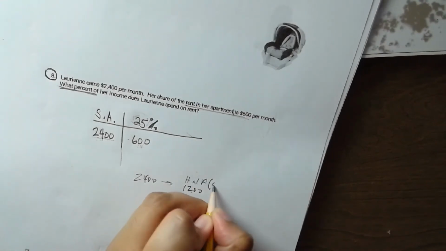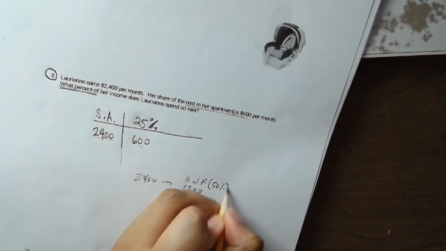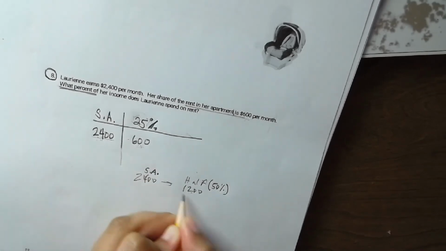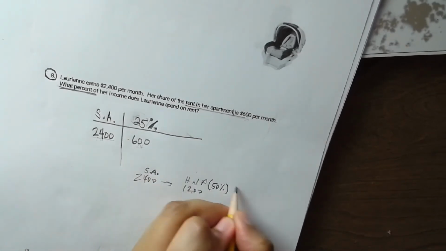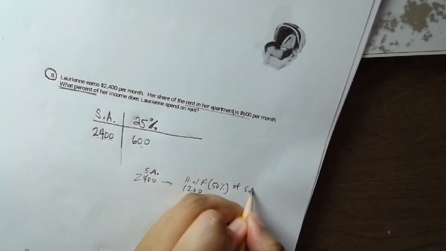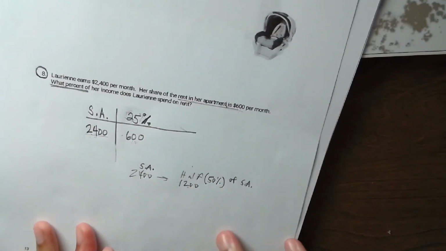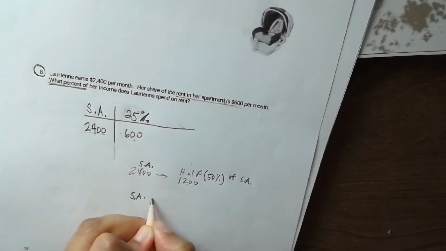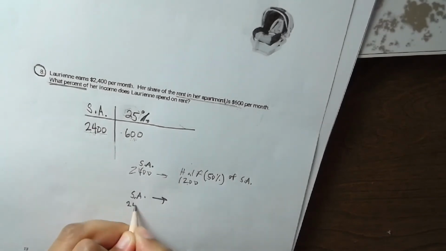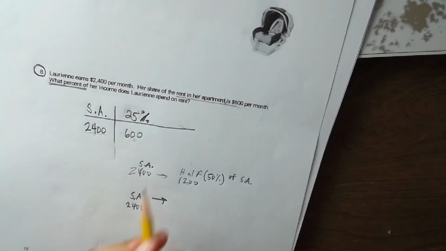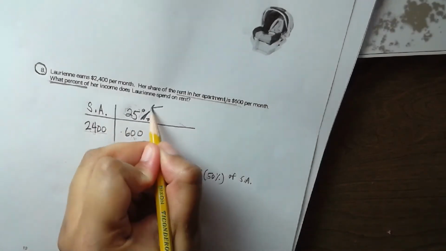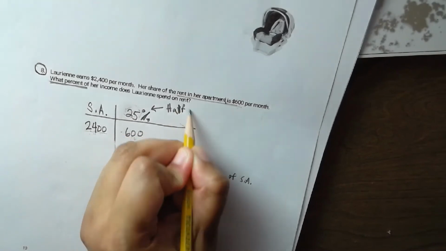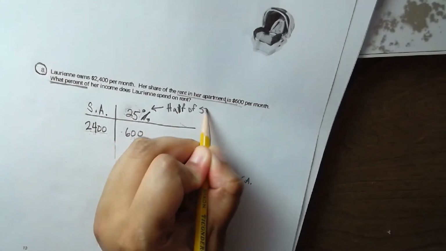Half of the starting amount means 50%. Now let's try to find 25%. Well, 25% means half of 50%.